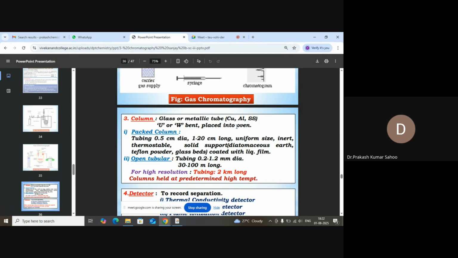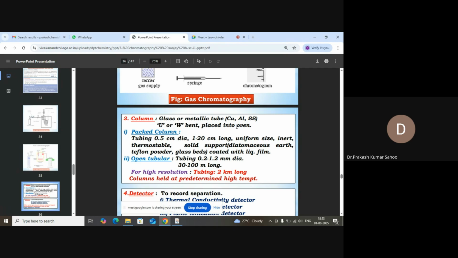Thermostat is there. Solid support is diatomaceous earth, Teflon powder, or glass beads coated with liquid film. So this is the packed column we have, and if the column is open, then an open tubular column is also used in gas chromatography.